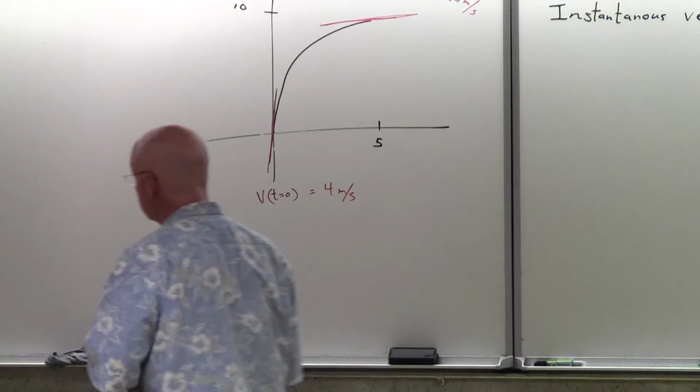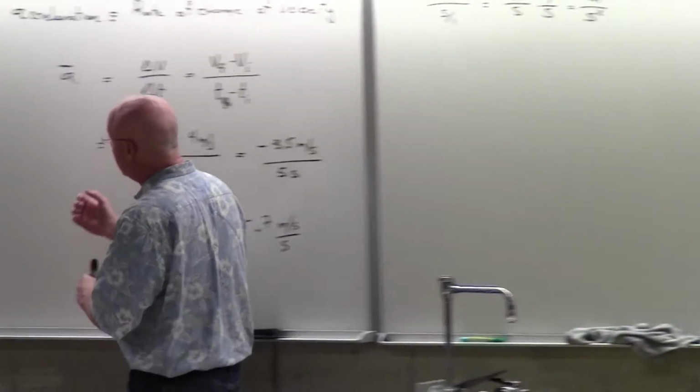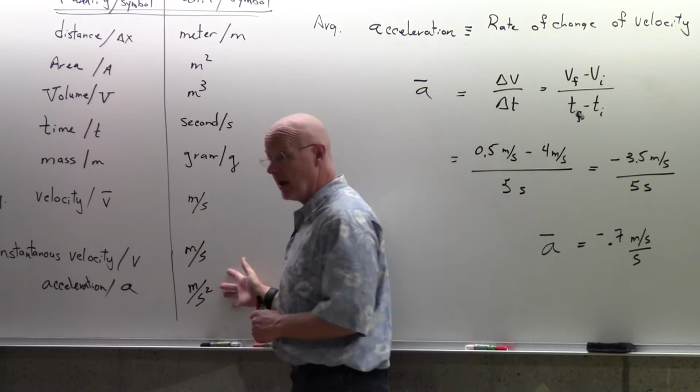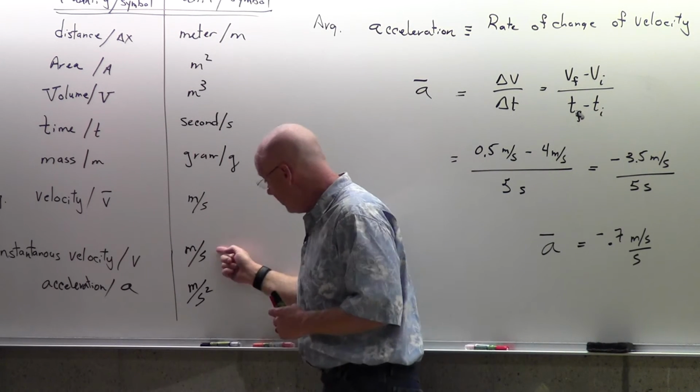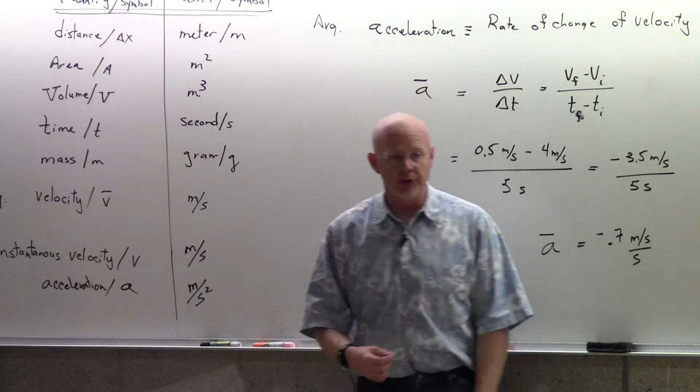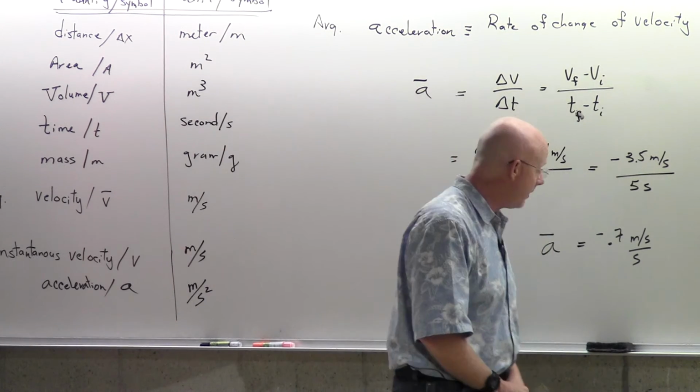Just like we came up with the unit for meters squared and meters cubed, we've come up with the units today for meters per second, and now for our second quantity, meters per second squared.